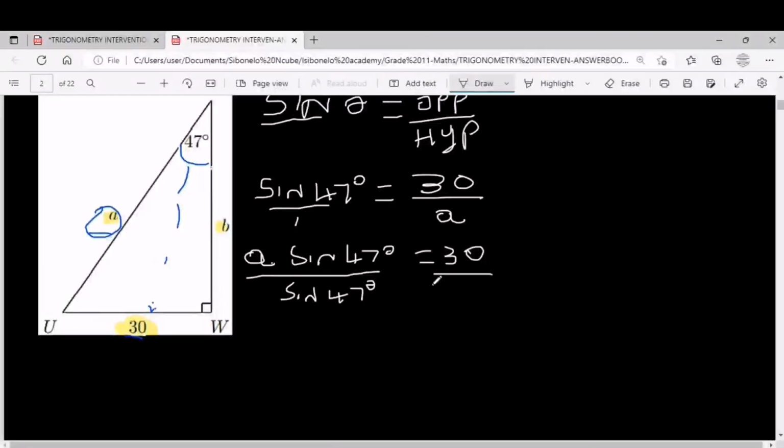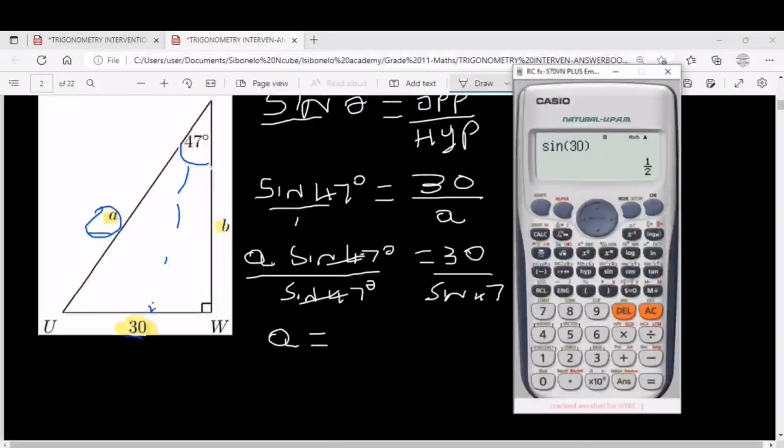What you do on the left, you also do on the right. So sine 47 and sine 47 cancel out, and we are left with the value of a, which is 30 over sine 47.